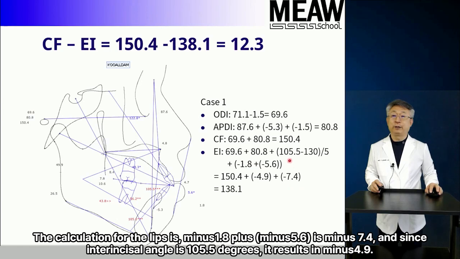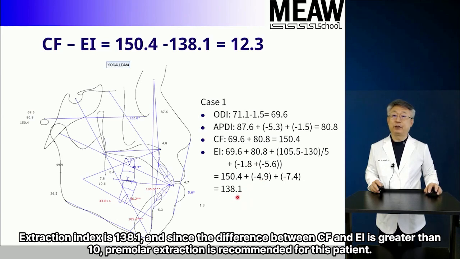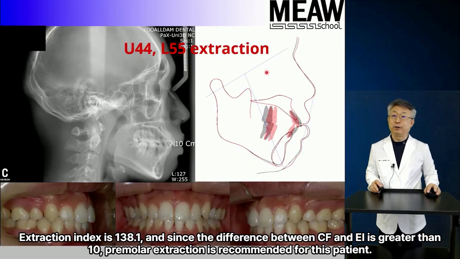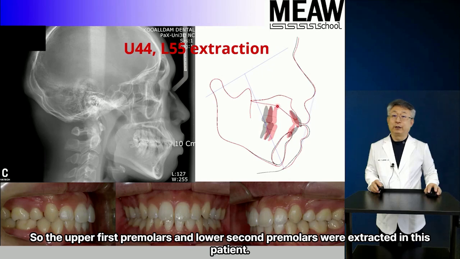And since interincisal angle is 105.5 degrees, it results in minus 4.9. Extraction index is 138.1, and since the difference between CF and EI is greater than 10, premolar extraction is recommended for this patient. So the upper first premolars and lower second premolars were extracted in this patient.